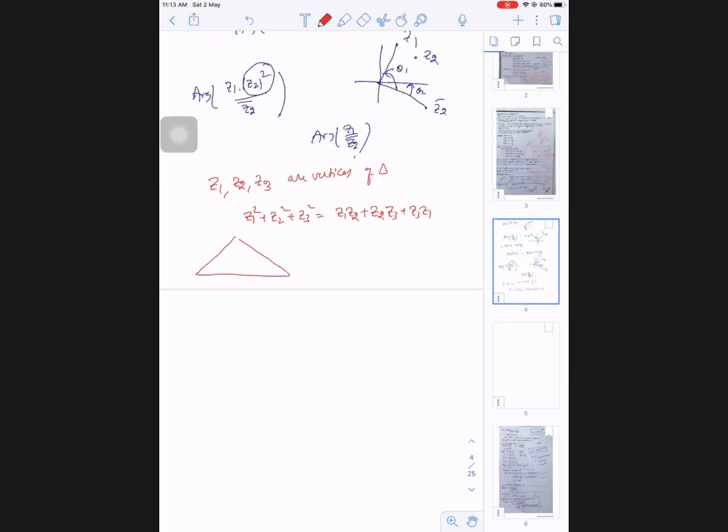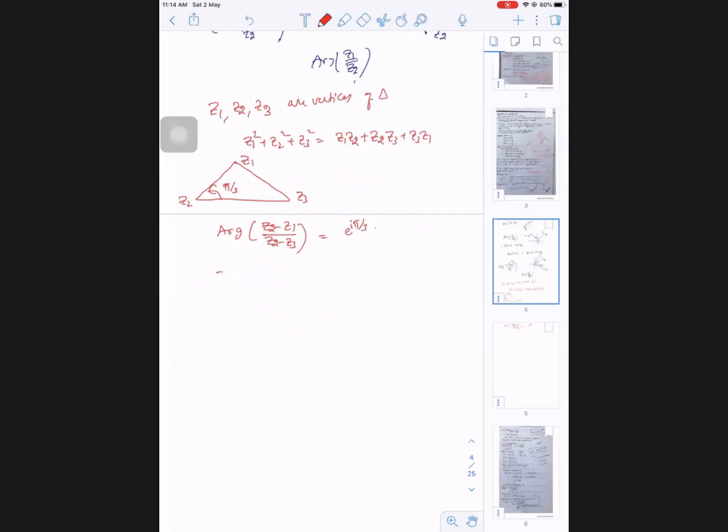There are many ways, but one of them is like this: this is Z1, Z2, Z3. Then from here to here the angle is pi by 3. So here you can write (Z2 minus Z1) by (Z2 minus Z3) equal to e power i pi by 3. By the complex number definition, Z equals mod Z into e power i theta.